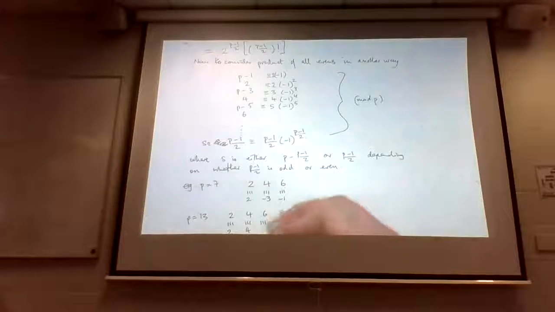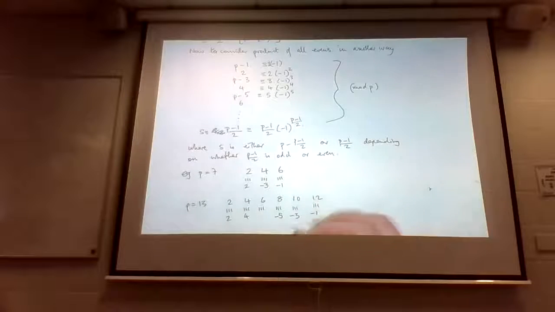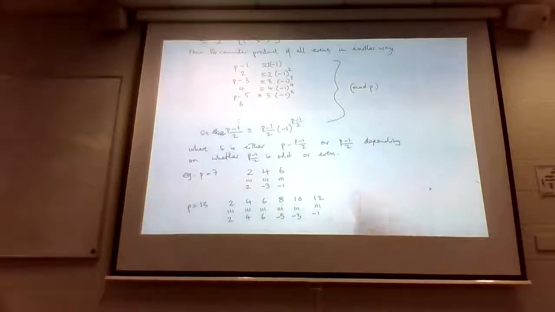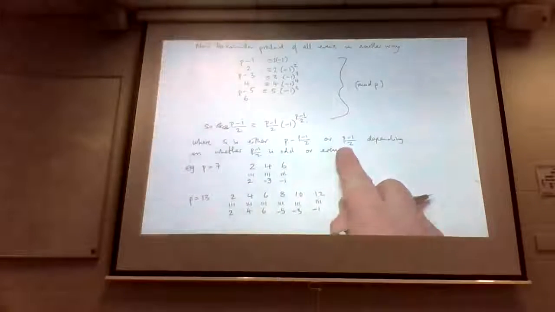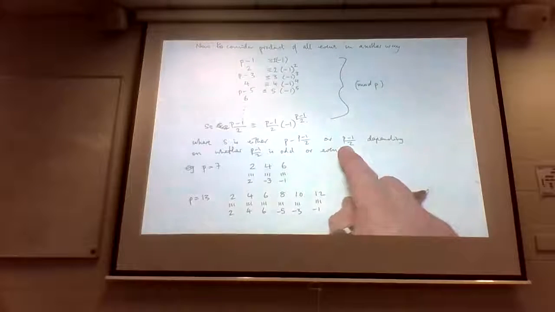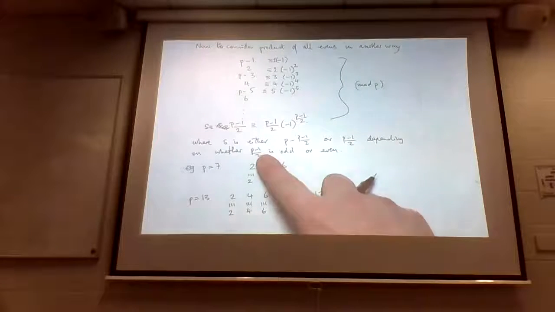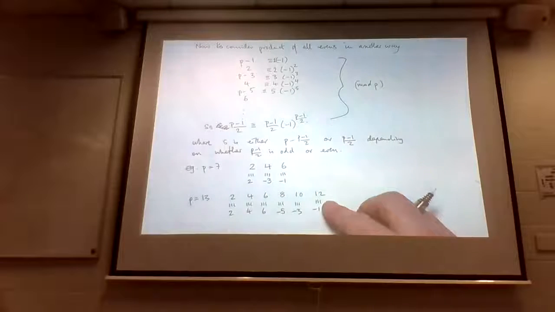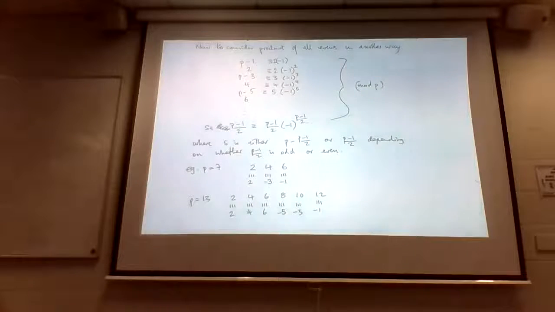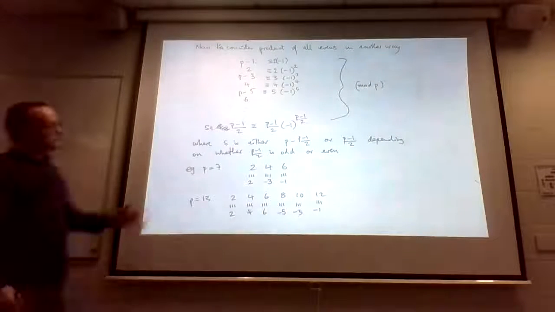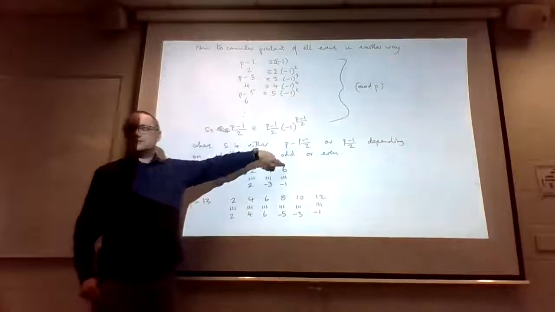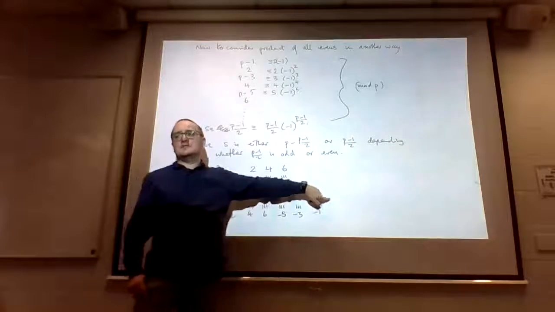But the last one in this alternating stepping through them all appears as plus itself, (p minus 1)/2. Because in this case, (p minus 1)/2 is even. The 12 over 2, 6, is still an even number.